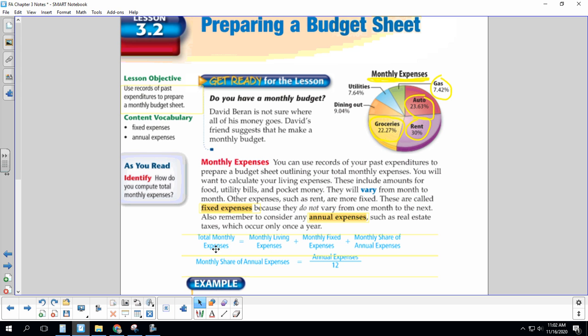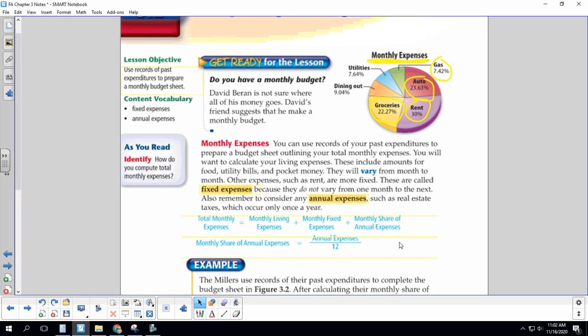So our total monthly expenses are monthly living expenses, which are food, utility, pocket money; fixed expenses, which are ones that don't change but you pay every month; and monthly share of annual expenses, which requires us to do a little calculation, take all our annual expenses and divide by 12 so we know how much to plan for every month.